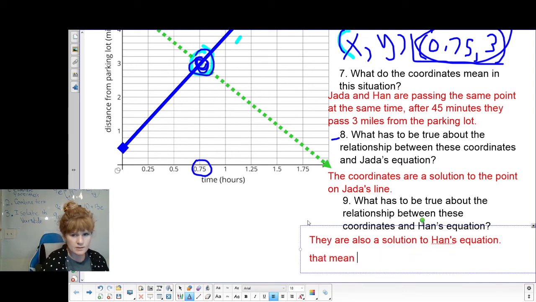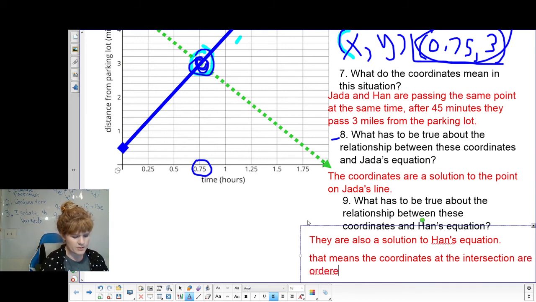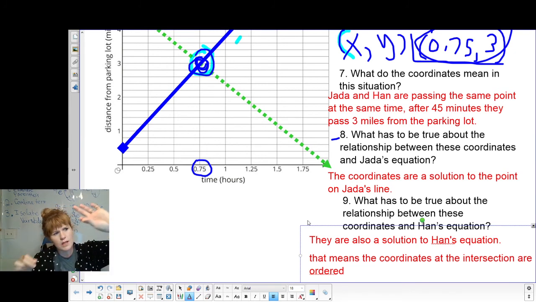That means the coordinates at the intersection are ordered pairs. Do you remember ordered pairs? An ordered pair is a solution to the equation. And along the line, there are many coordinates or many ordered pairs that are true for the equation. Now, what was I writing?